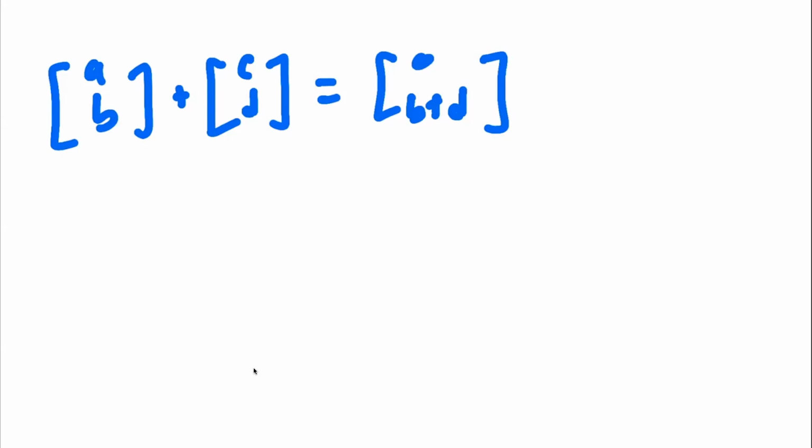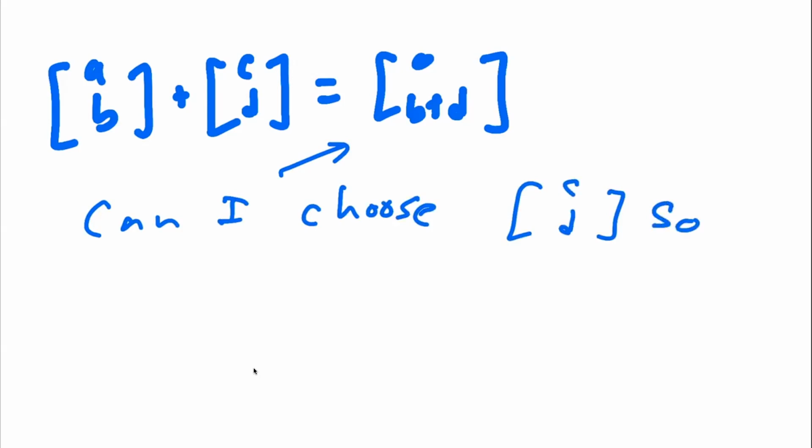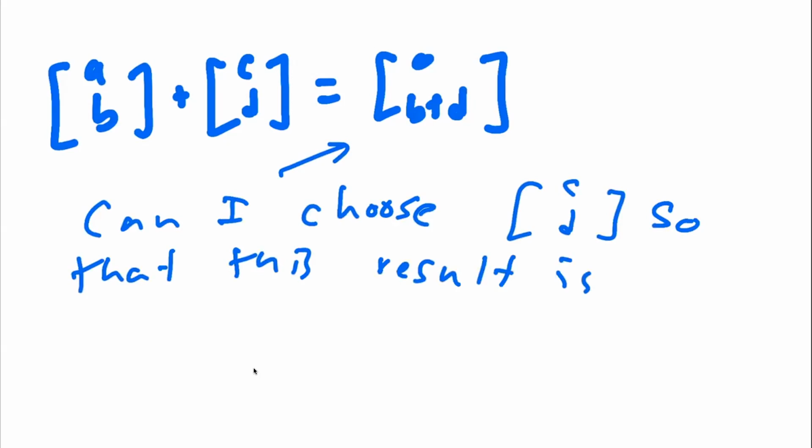Basically, can I choose (c, d) so that this result is (a, b), right? So that's the big question here. If my (c, d) were my 0 vector, the way to make that work is for the result to be (a, b), right?